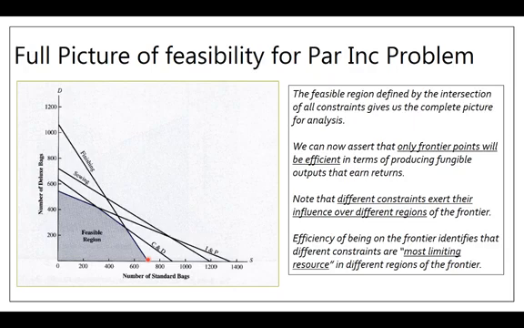So this free disposal condition says, why would you ever produce interior to this feasible region? Sure, it doesn't cost you anything, but there are returns that could be generated by moving out and using those extra resources. And so the boundary out here is always efficient in a resource use context.